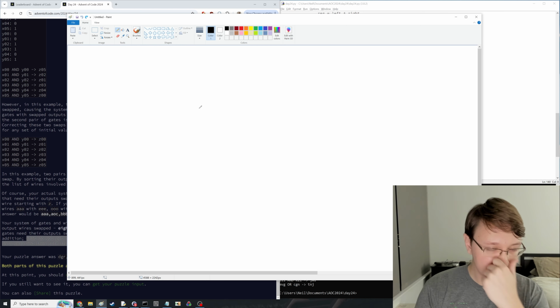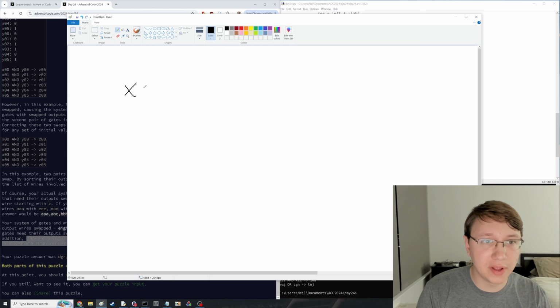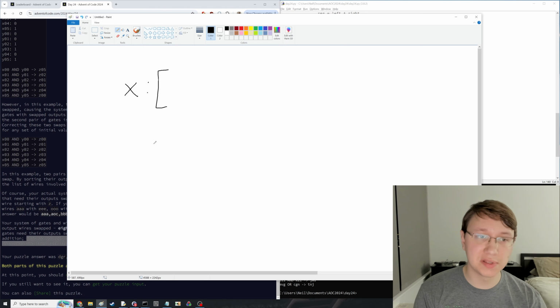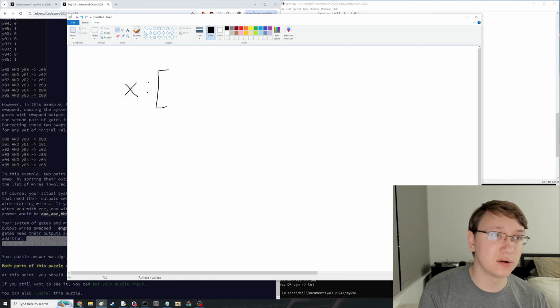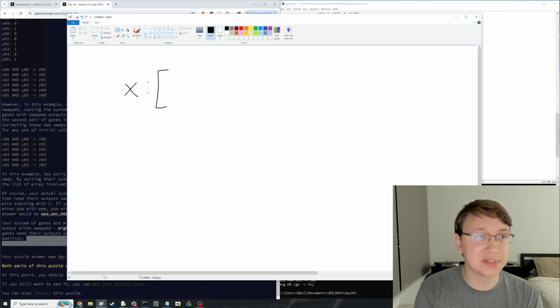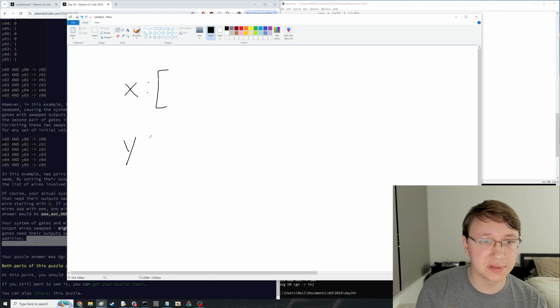Cool. So in some sense, what it must look like, so we have this input X. Oh, I forgot to mention this because part 1 didn't tell you about it, but I say it's adding 2 numbers. The 2 numbers it adds are the things from x00, x01, x02. That's the binary representation of the 2 numbers.